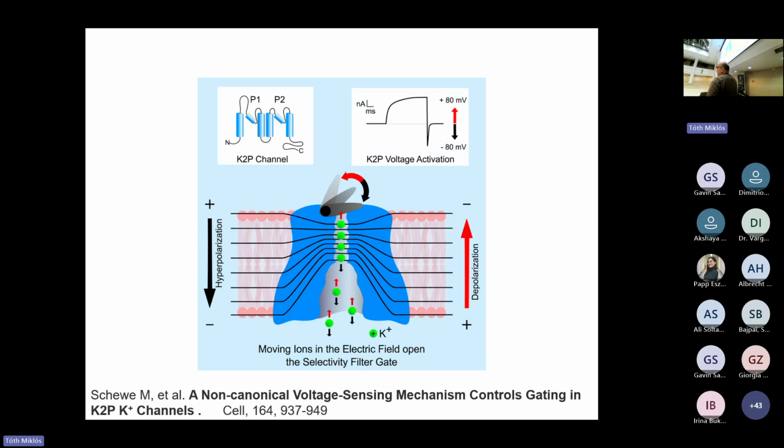He didn't say that in this paper, but I thought that maybe there is an electric field from inside to outside. I'm not talking about this part or this part, I'm talking about this part. They made some mutations in this part, and these mutations maybe gave them the first clue for sensing in this part of the channels.